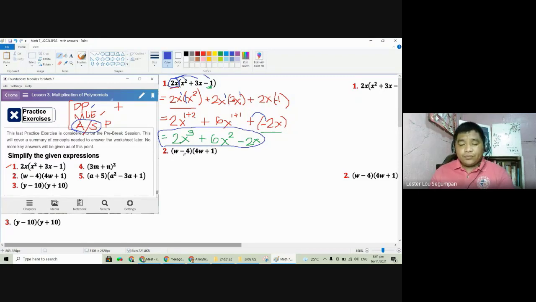In number two, we can notice that we have binomial to be multiplied by a binomial here. We are going to use the same three steps here: the application of distributive property, the multiplication law of exponents, and see later if we could add or subtract terms.